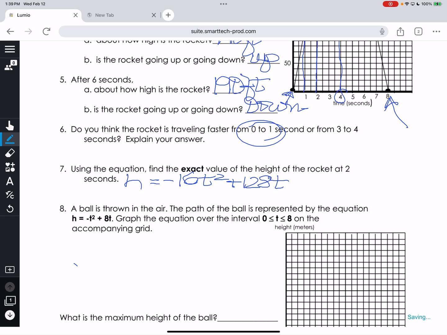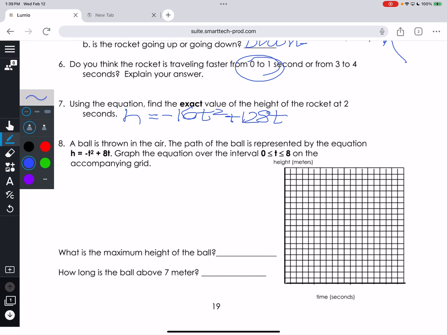All right, so we're going to take that 2 and plug it in everywhere we have a T, and we're going to get the height. What did you get for the actual height?